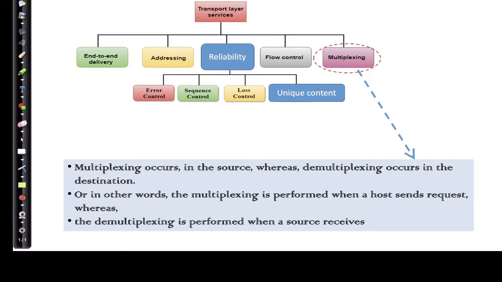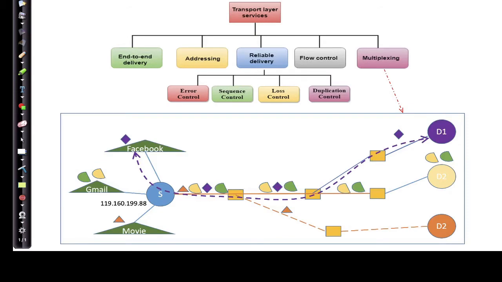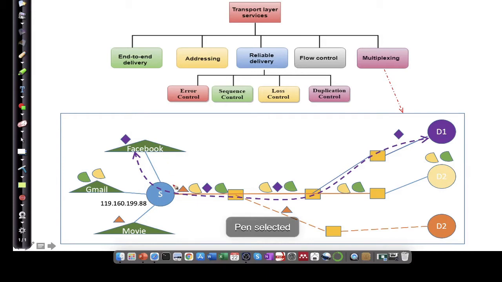To illustrate the concept with respect to the given example here, host S is connected to three different applications, or in host S, three sources are generating data.